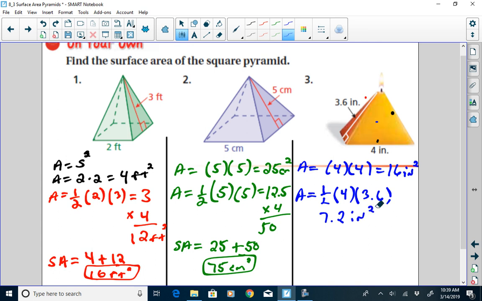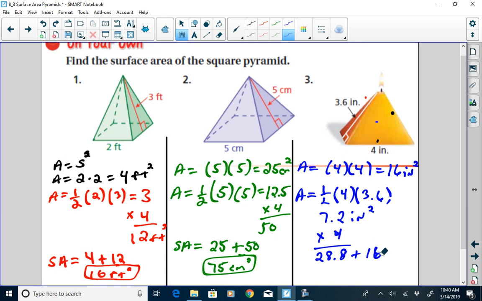Now that's the area of one triangle. We have to multiply that by 4 because there's 4 triangular faces. So when we multiply 7.2 times 4, 4 times 2 is 8, and 4 times 7 is 28. So we have 28 plus the 16.